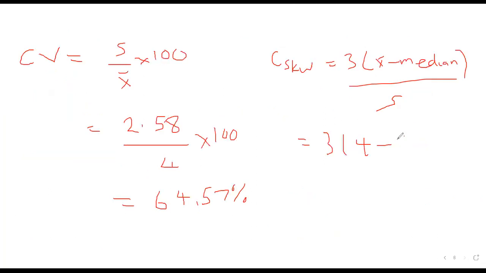So you put a 5 there. The standard deviation is 2.58. So the answer we're getting here is a negative. So it means it is skewed to the left, negative 1.16. If we get a positive, it's skewed to the right.